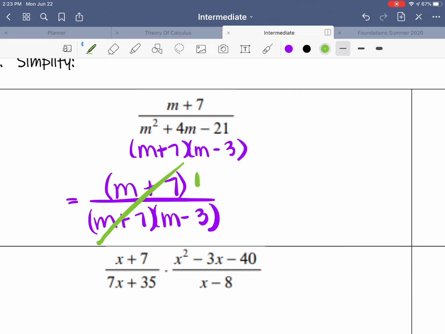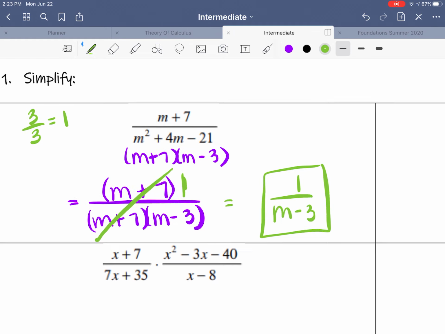And we're left with a 1 up top. We don't put a 0. When something divides, it divides to 1. So for example, 3 divided by 3 is not 0, it's 1. So over here, when we have m plus 7 divided by m plus 7, it's 1. And what we're left with is 1 over m minus 3.